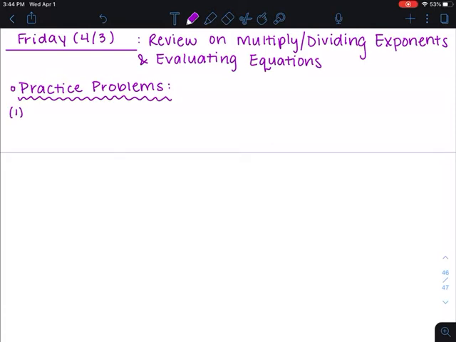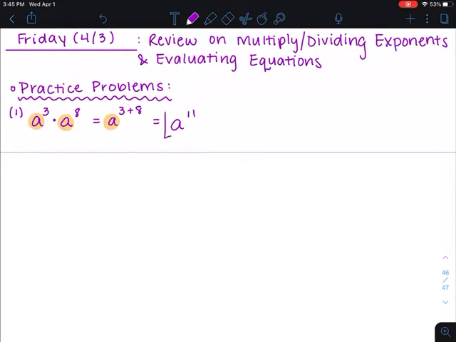So let's look at number 1. Number 1 says multiply a to the 3rd power times a to the 8th power. To do that, you keep the base, so the base is going to be a, and then you add the exponents, so 3 plus 8, and what is 3 plus 8? 11.